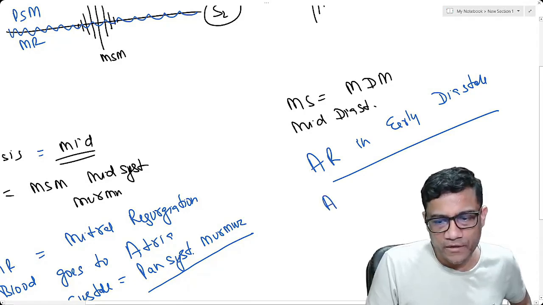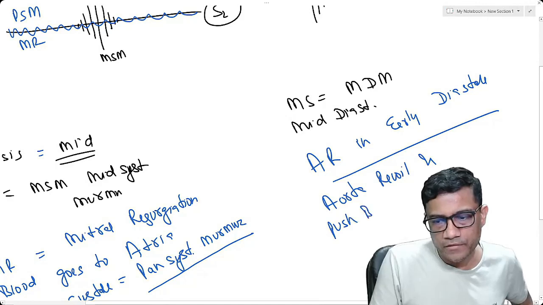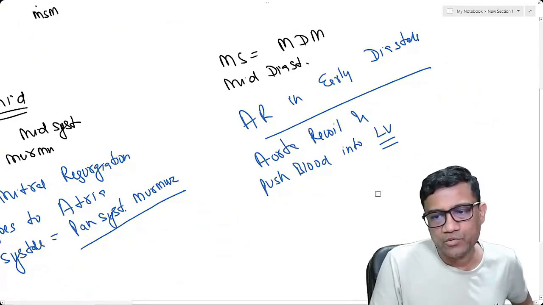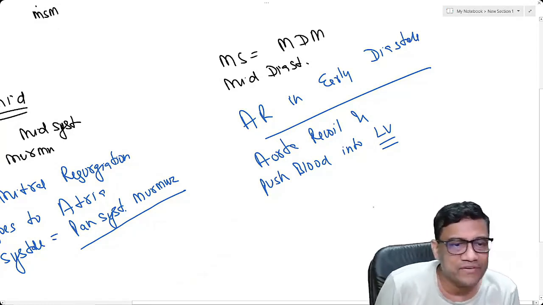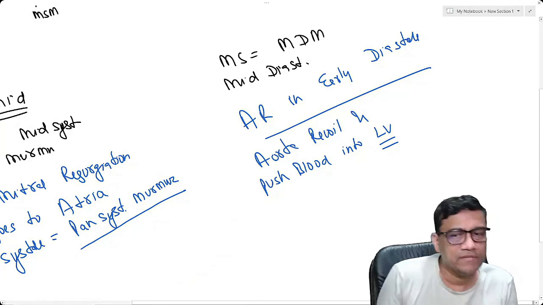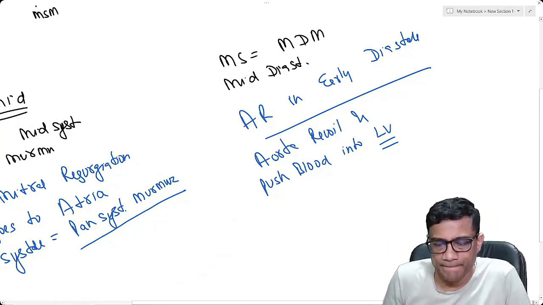So aorta recoils and pushes blood into the left ventricle. So blood will go back to the left ventricle. Done? So clear?